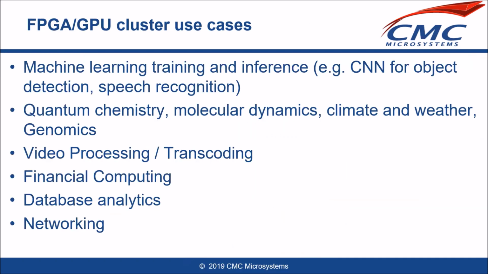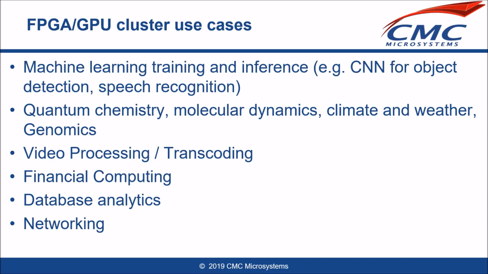So as I said in the beginning of the presentation, the FPGA GPU cluster can be used for different purposes. And here we summarize some of the most important ones. First is machine learning, training, and inference. I have a complete software stack that is validated for Caffe, TensorFlow, and MXNet. Other workloads that can benefit from this compute cluster include quantum chemistry, molecular dynamics, climate and weather, genomic.